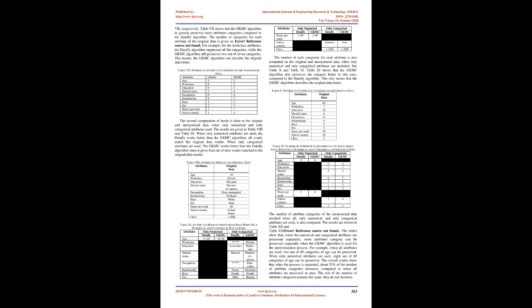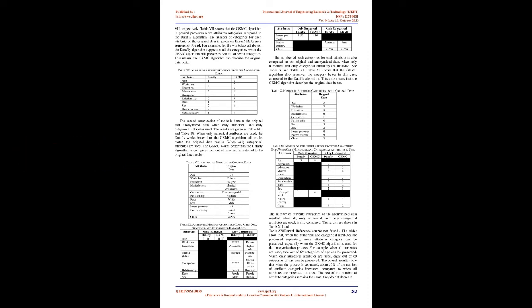The number of categories for each attribute of anonymized data resulting from the Datafly and GKMC algorithms is also computed. The results are given in Table 7, respectively. Table 7 shows that the GKMC algorithm in general preserves more attribute categories compared to the Datafly algorithm.